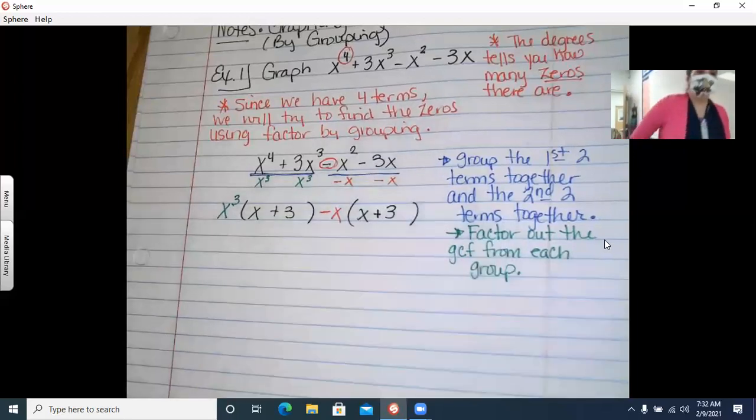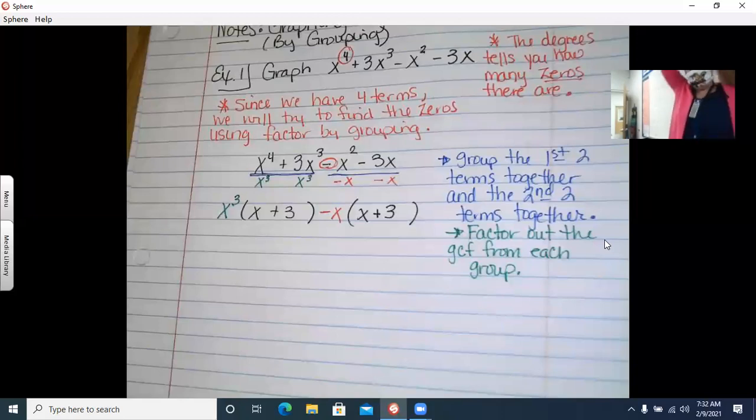This is how you know, once you get to this part, if you can factor by grouping or not. Just because you have 4 terms does not mean you can factor by grouping. So how do you know if you can or not? Look what's inside parentheses. They both have an x plus 3, right? If what's inside parentheses is identical, then you can factor by grouping.